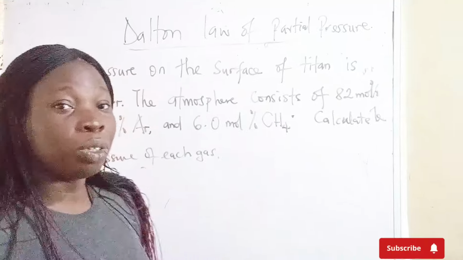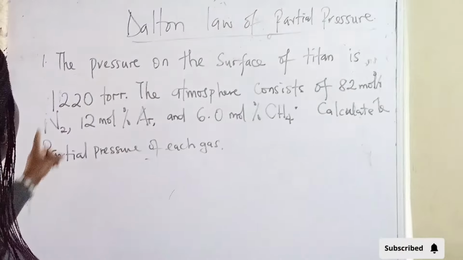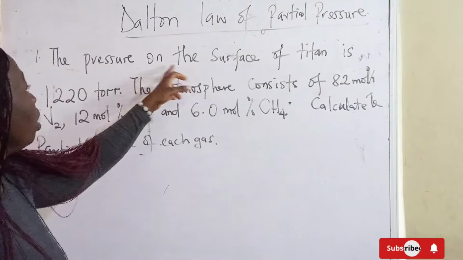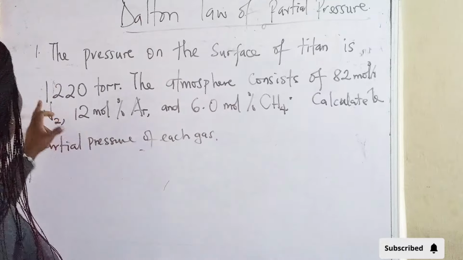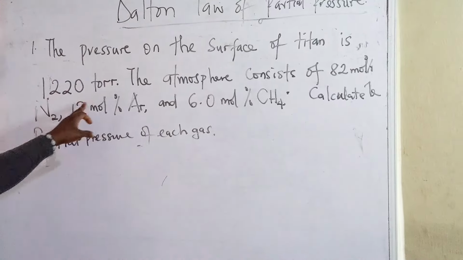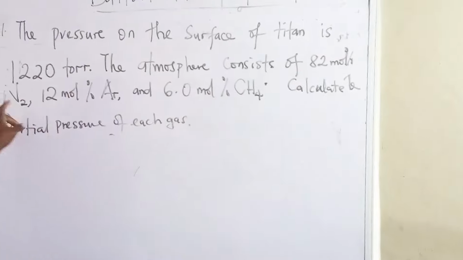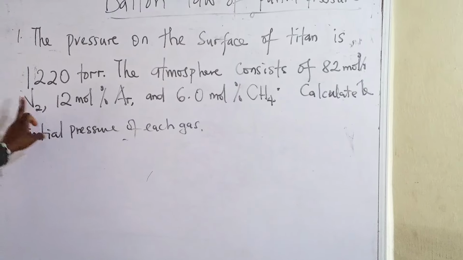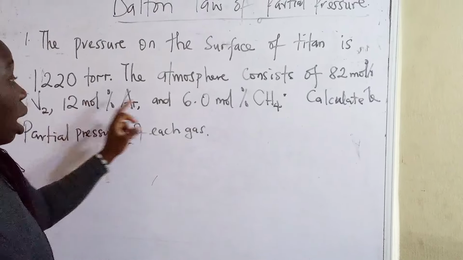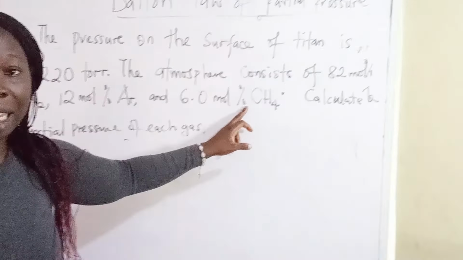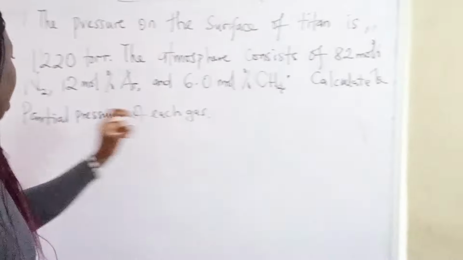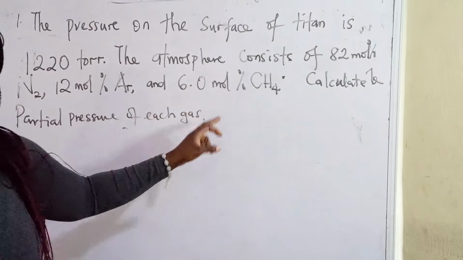So we are going to take one example. The pressure on the surface of Titan is 1,220 torr, and the atmosphere consists of 82 mole percent nitrogen gas, 12 mole percent argon, and 6 mole percent methane gas. Calculate the partial pressure of each gas.